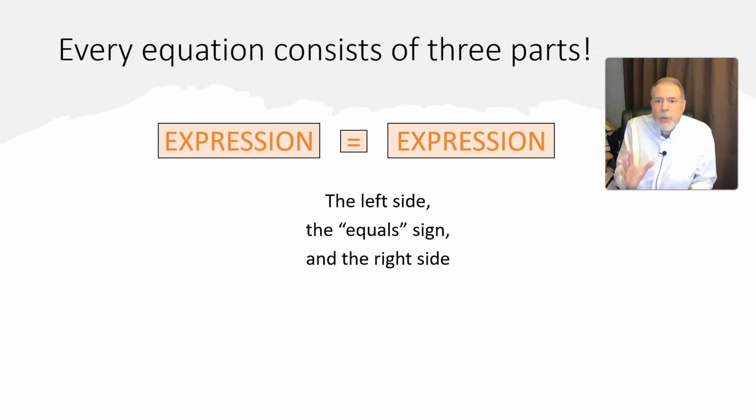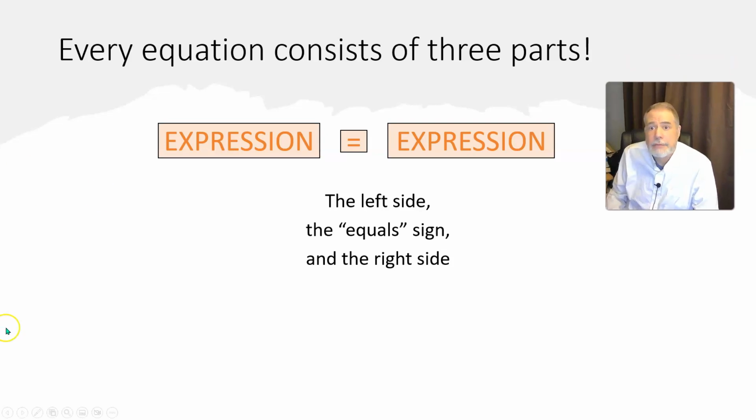So the equal sign in an equation is a little like the net in a game like tennis or volleyball. You want to make sure each team, each set of players, stays on their own side of the net and they don't stray across to the other team's side.